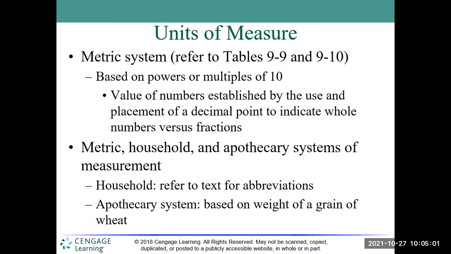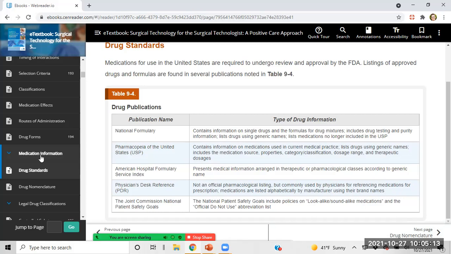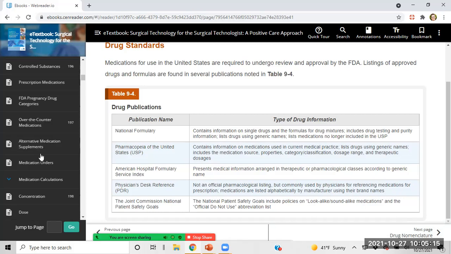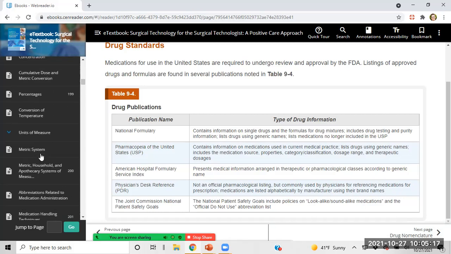And then the units of measure. You can look at tables 9.9 and 9.10. This is the metric system. I do want to make sure that I cover everything that you need on that.